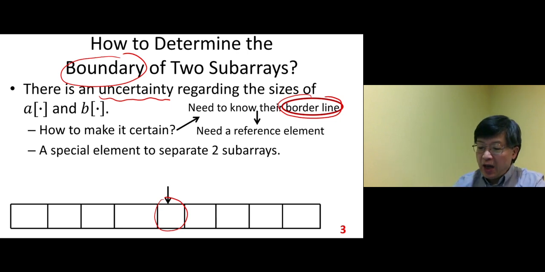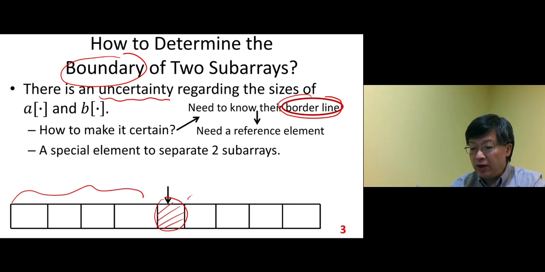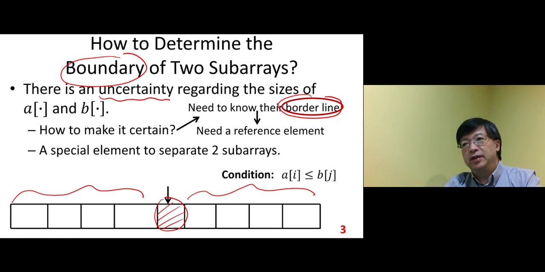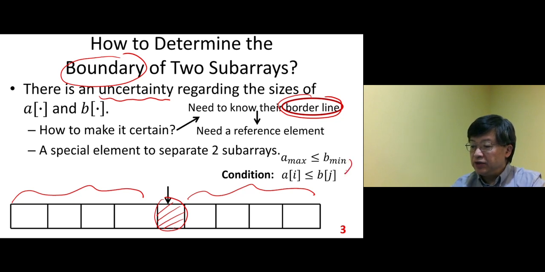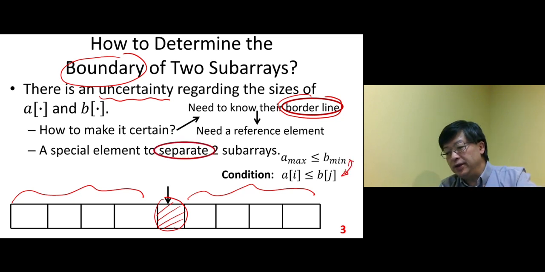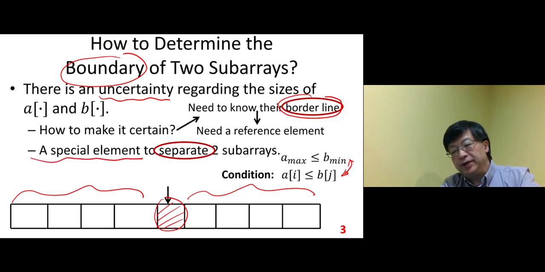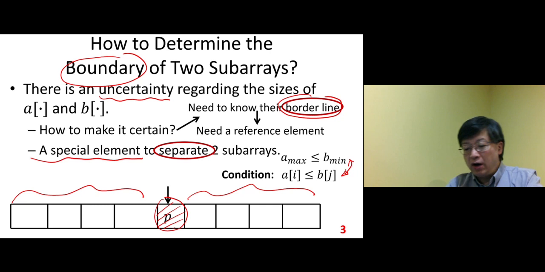And so you can see after we put that special element here, then we have two subarrays, one here and a second one here, two subarrays with this condition. That's what we want to get. And this condition is actually the same as this one. Then let's look at that special element. Let's call it the P element.